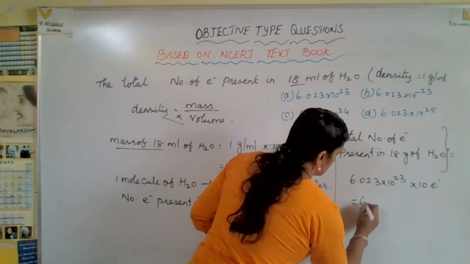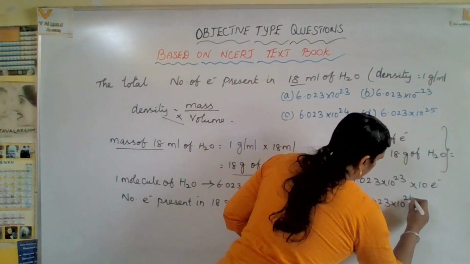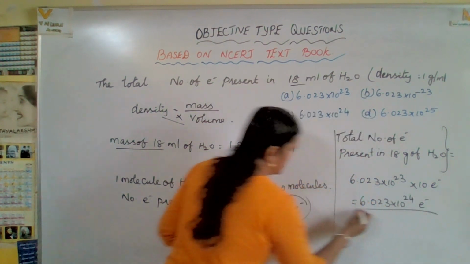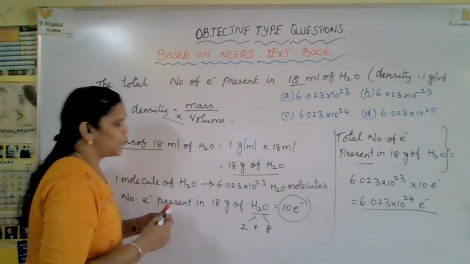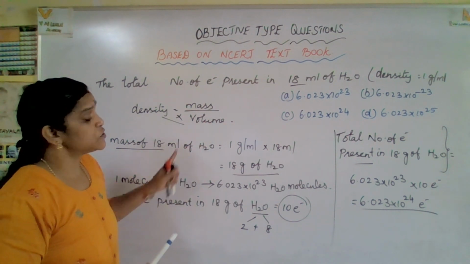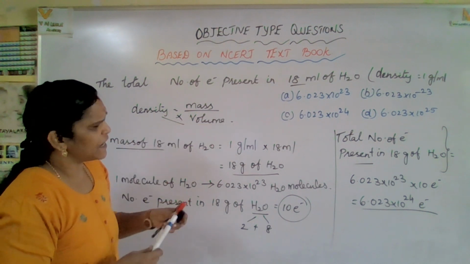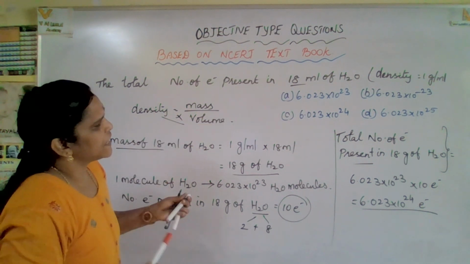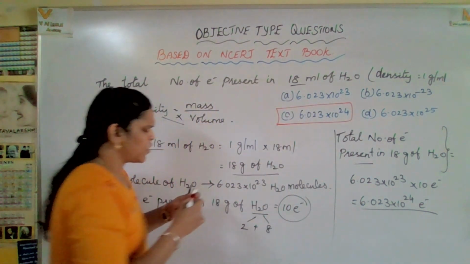So altogether 6.023 into 10 to the power of 24 electrons are present in 18 gram of water. Hope you got a clear idea about how to solve this sum. Okay, now here, which is the correct option by the way? Option C.